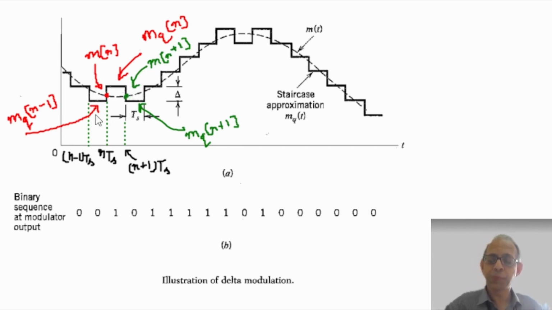This way the process continues, and what we get is a staircase approximation to the analog signal. This staircase signal is our delta modulated wave, the DM wave.